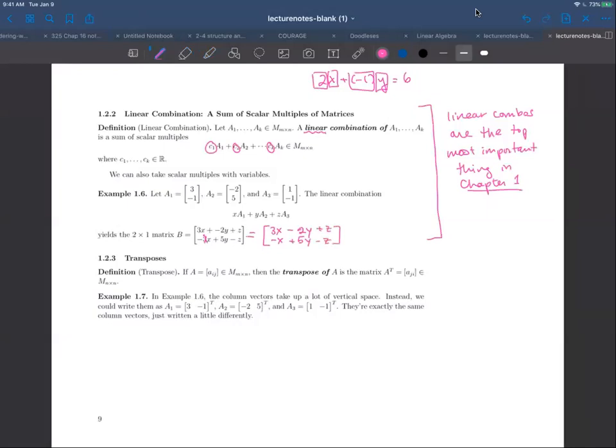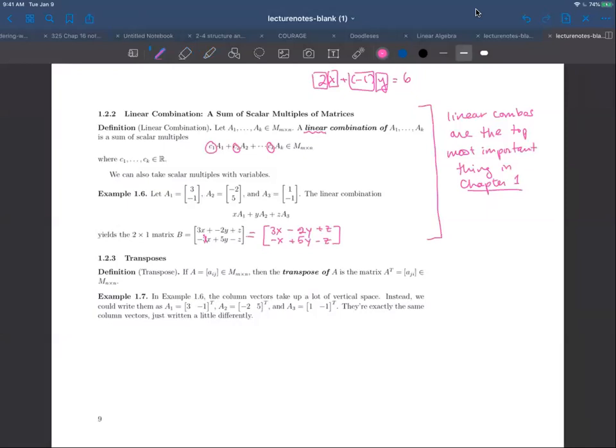It's still a 2-by-1 matrix. It's just that my first entry is this polynomial that looks a lot like a plane, 3x minus 2y plus z. And my second row also looks like a plane. I've got -x plus 5y minus z. Okay, so we're going to do stuff with linear combinations right now, and we'll play with these some more.